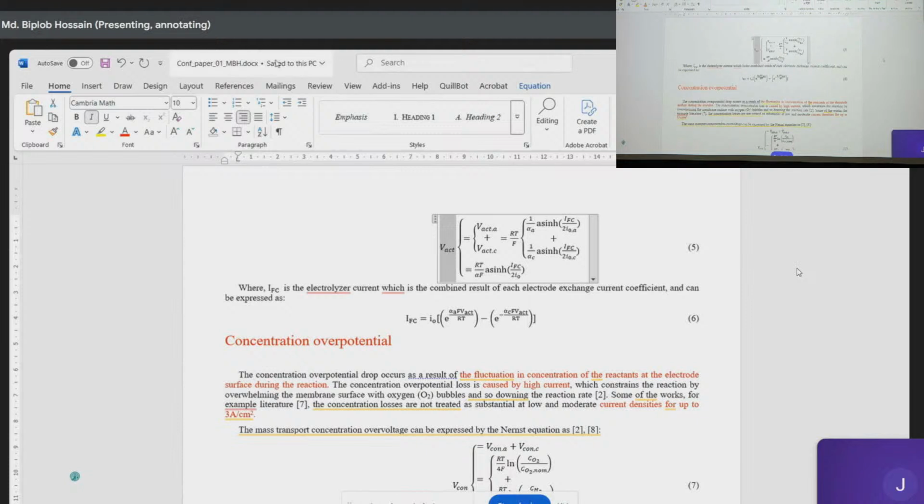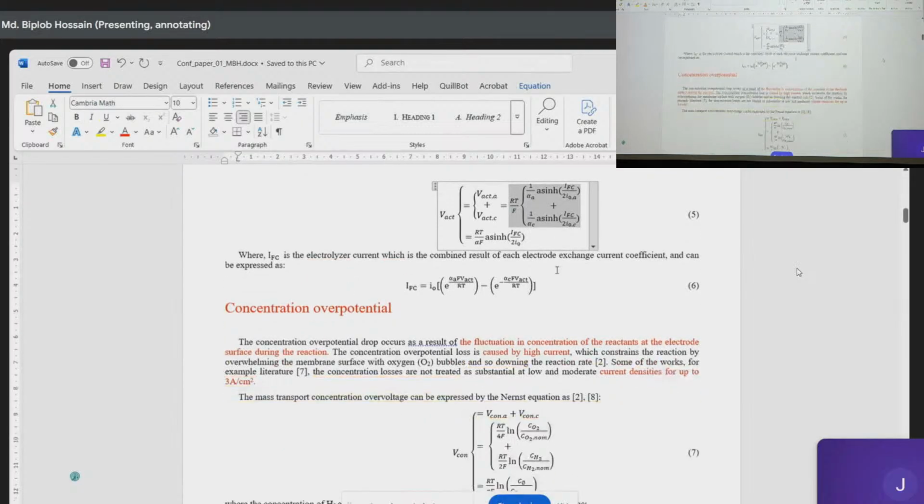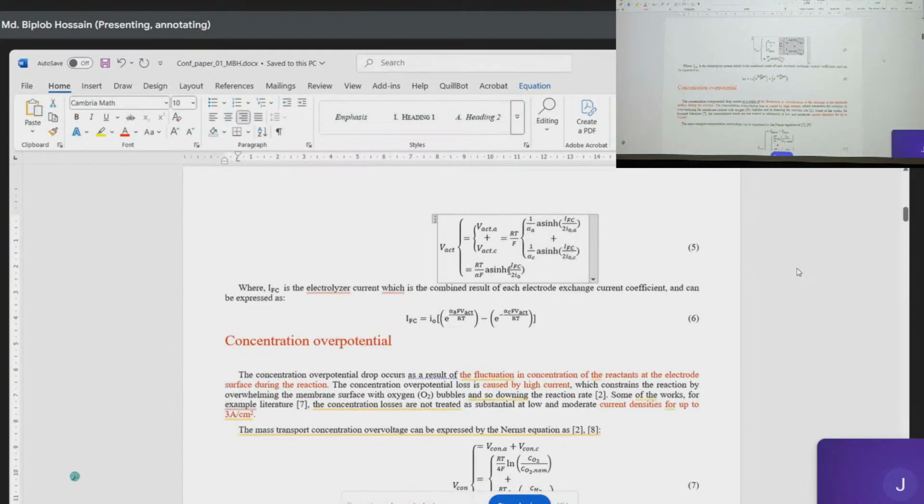So here we can see these two parts, anodic and cathodic. Broadly we can write these equations this way. If we combine both anodic and cathodic, then we can generalizedly write this one. So here is that one.